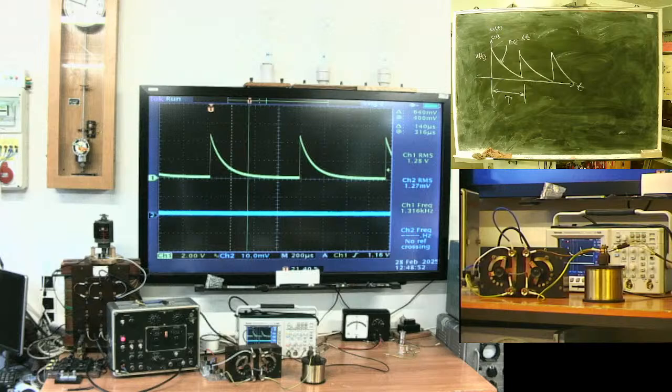Each division of the scale, each tick, is 200 microseconds. So every approximately 0.8 millisecond, the capacitor charges and then discharges through the resistance. The next pulse arrives, and it charges again.